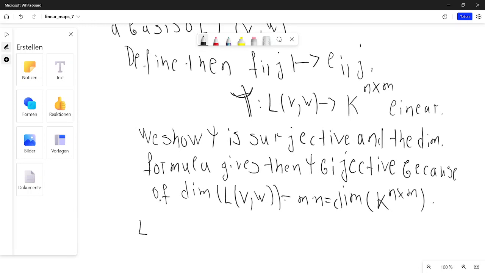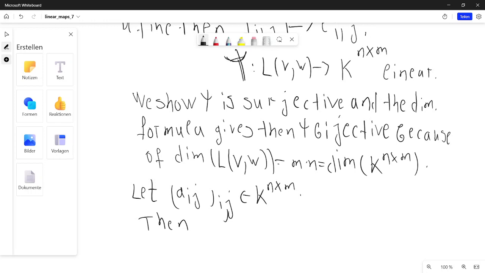Let Aij, just a matrix, right? With the entry ij being Aij, the element of K M cross N, and psi of exactly that thing. Psi is linear.